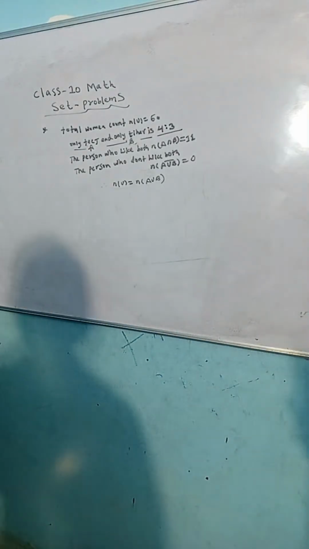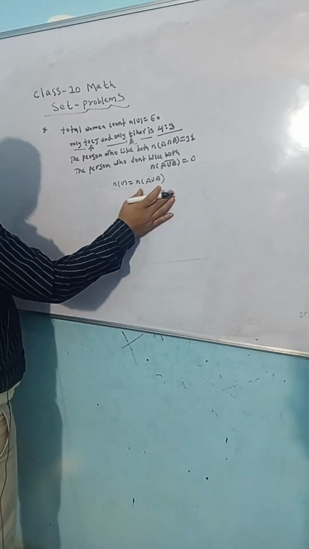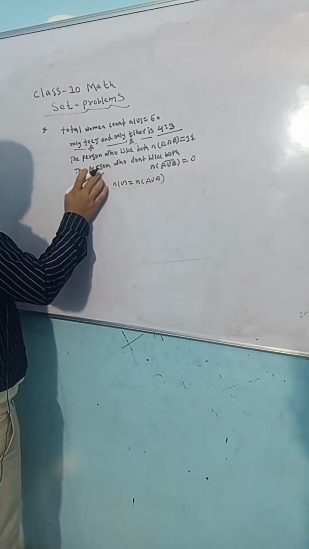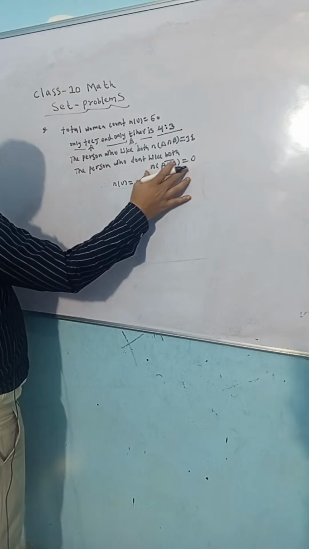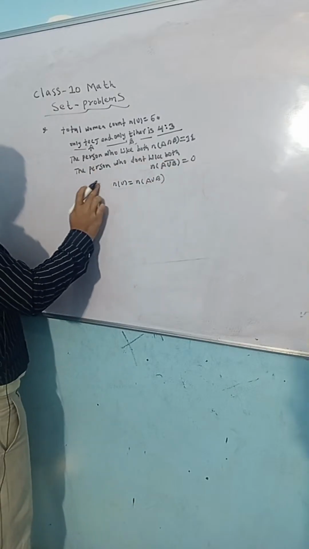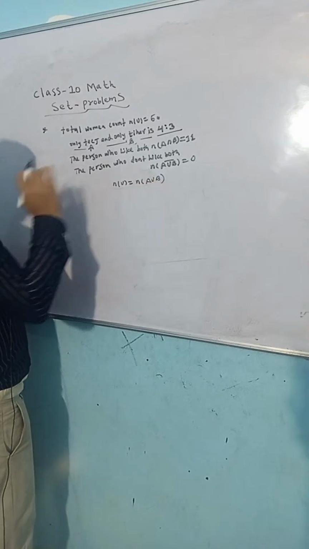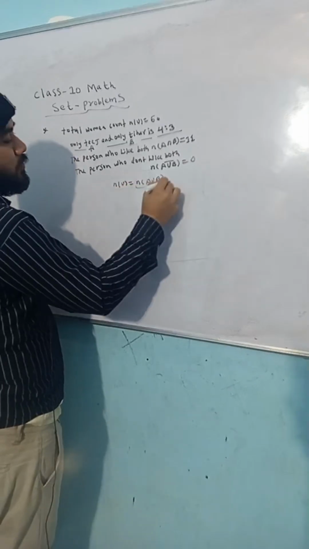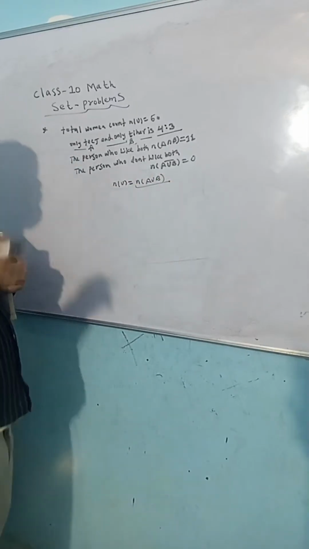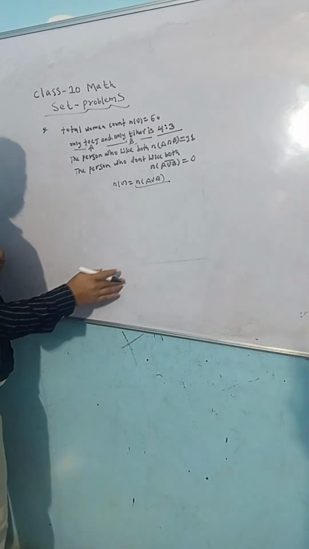If the union complement is not there, then we can decide the value of n of U equal to n of A union B. You can just assume this formula, or you can just keep this formula.